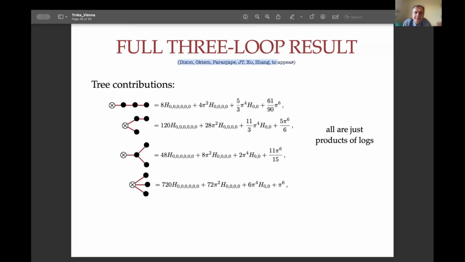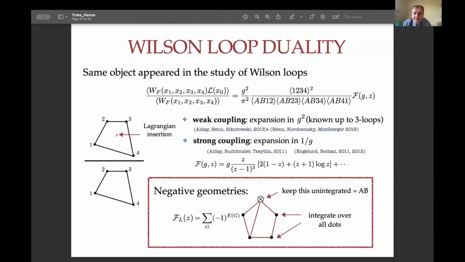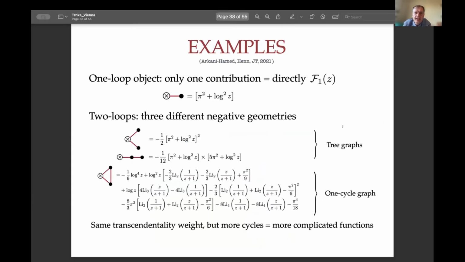Now, in this paper, which should appear very soon, we completed the three-loop result. I already mentioned that the three-loop result was given in this paper. So we are basically at the level of the full result, we are reproducing it, but they of course used a very different method. They directly evaluated the Feynman diagrams for the Wilson loops.